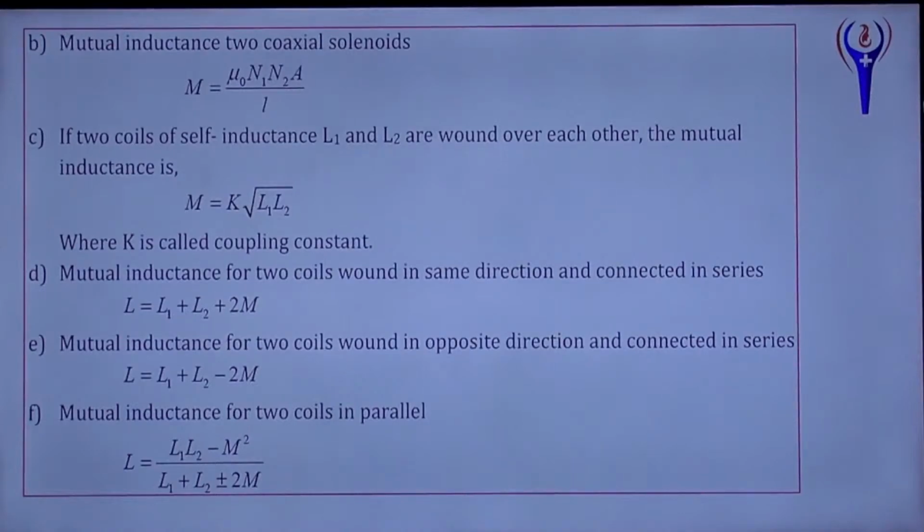Mutual inductance for two coaxial solenoids: M equal to mu naught N1 N2 A by L. N1 is the number of turns in the primary coil, N2 in the secondary coil, A area, L length. If two coils of self-inductance L1 and L2 are wound over each other, then M equal to K into square root of L1 L2.